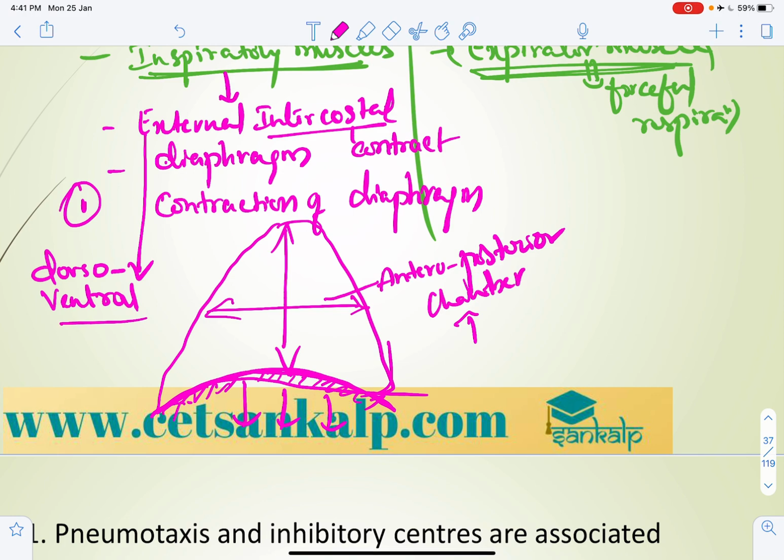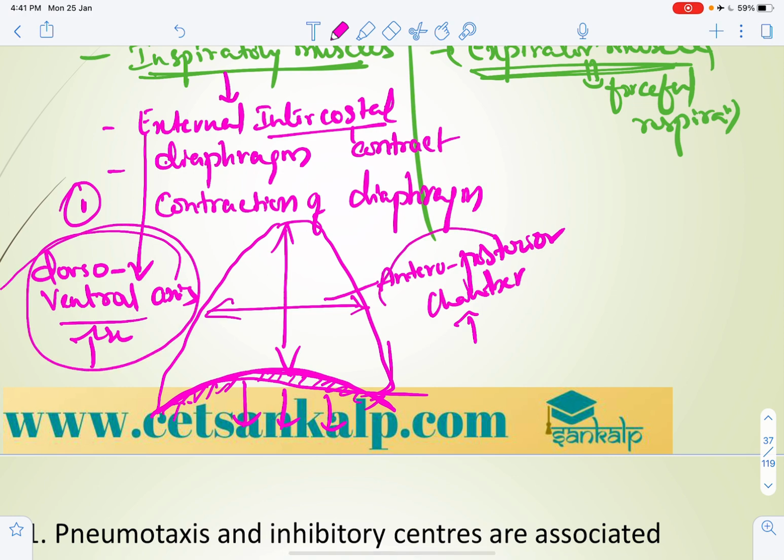The dorsoventral axis increases, the chamber increases. So when both dorsoventrally and antero-posteriorly the chamber increases, the volume of the thoracic cavity increases.